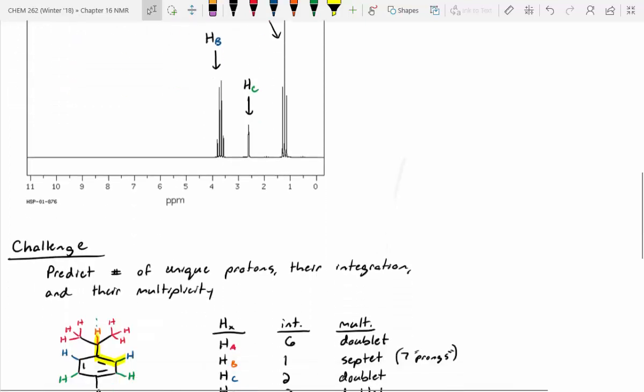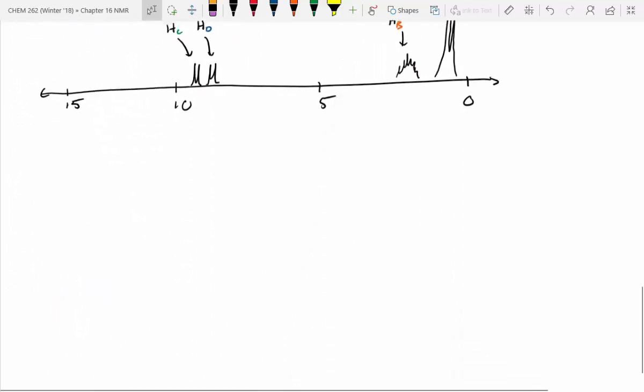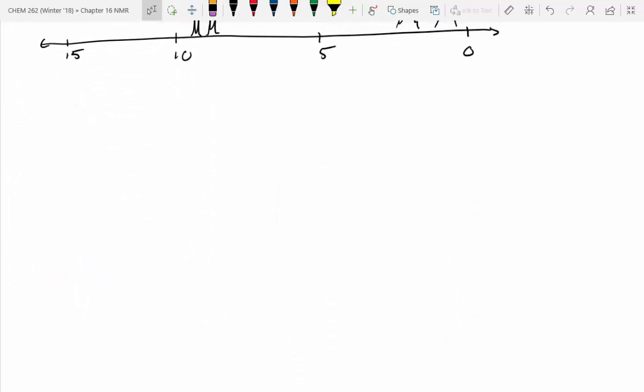All right. Let's try another one. This one we're not going to draw everything out for, but I'll just do this.